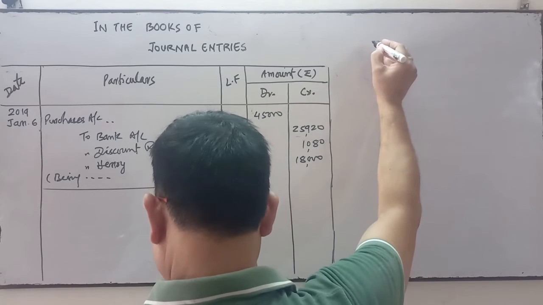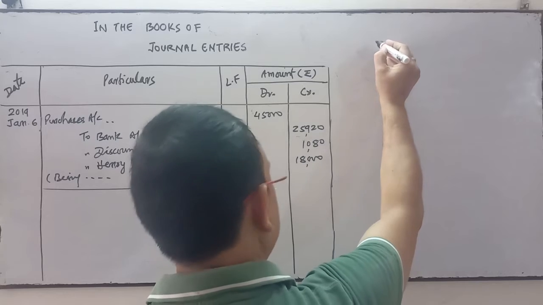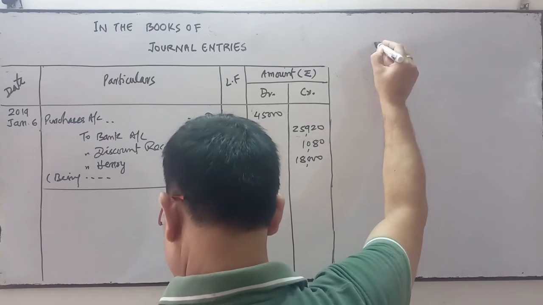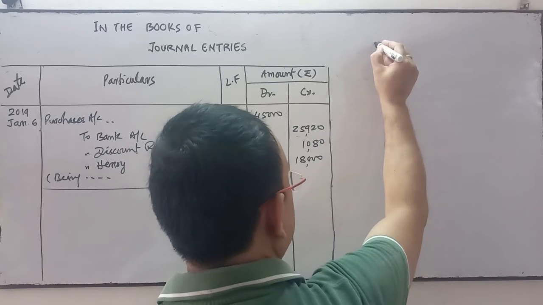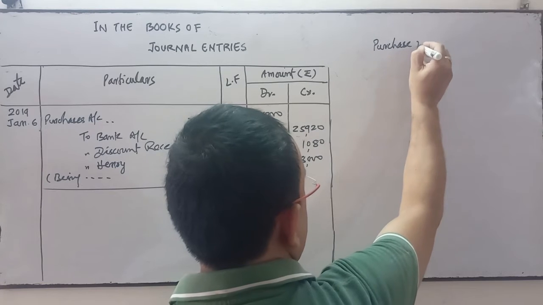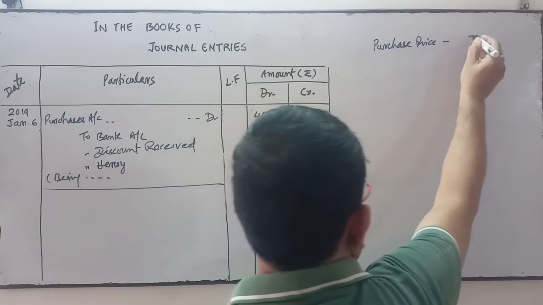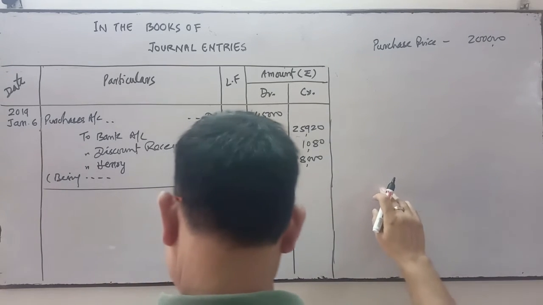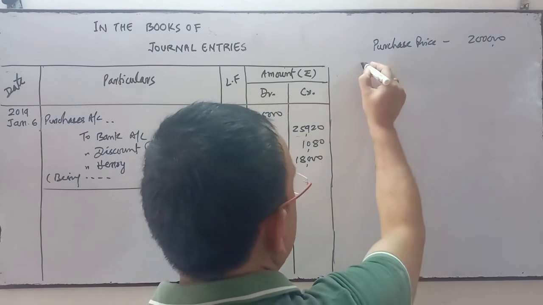Bought goods from Amit rupees 2 lakhs. So you have purchased the goods at rupees 2 lakh. Okay. Purchase price is how much? 2 lakhs. You have purchased at 2 lakhs. At 20% trade discount.